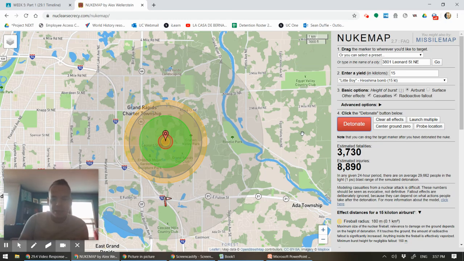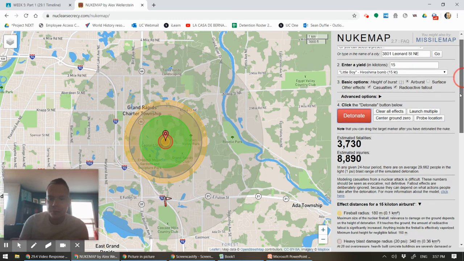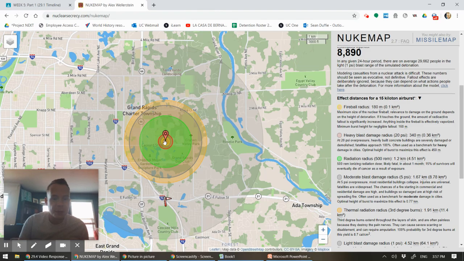We see, for instance, in this first ring, there's a key to the right. In this first ring is the destruction and basically vaporization. Within this first kind of yellow ring from the fireball, nothing survives. Basically, concrete will be pulverized and be around, but everything else that's organic tissue will be completely wiped away.